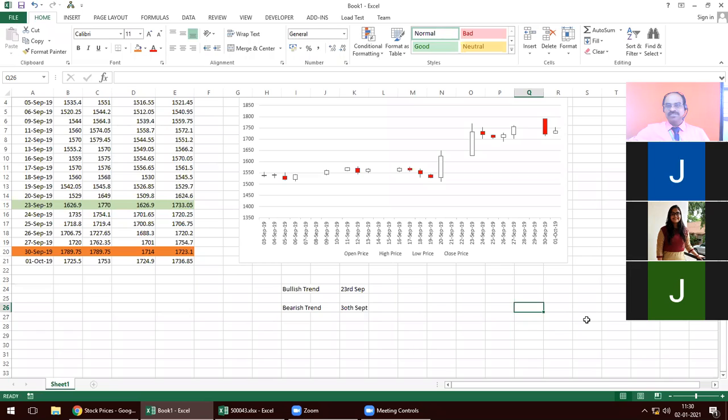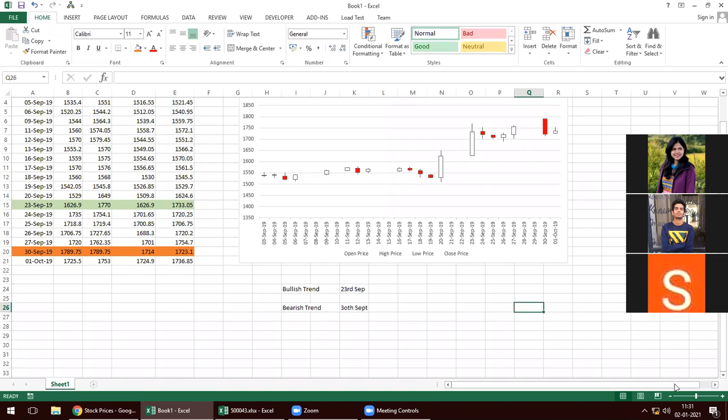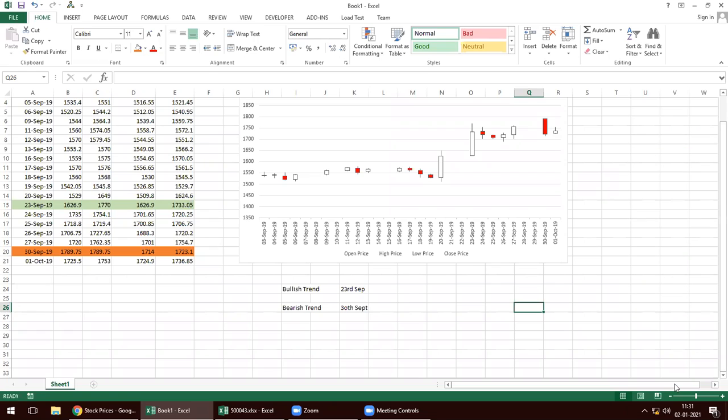Sir, I'm having bullish on 22nd and bearish on 29th. Yes, most of them are around that time only. Okay, good. Then what about our Jisman?